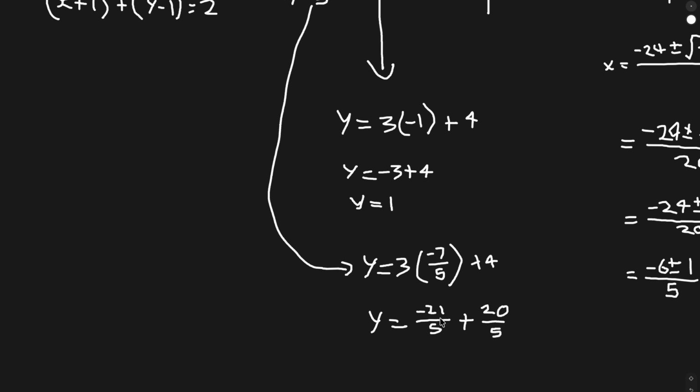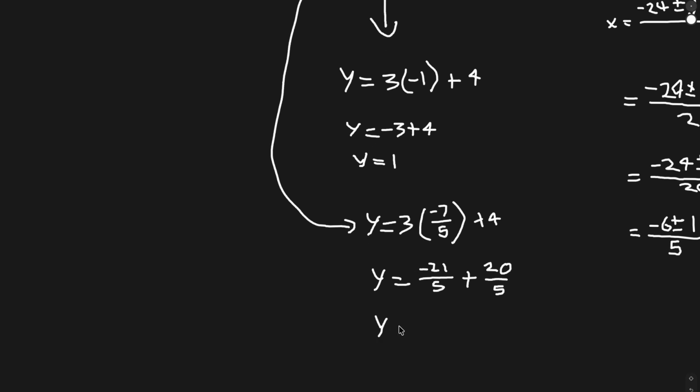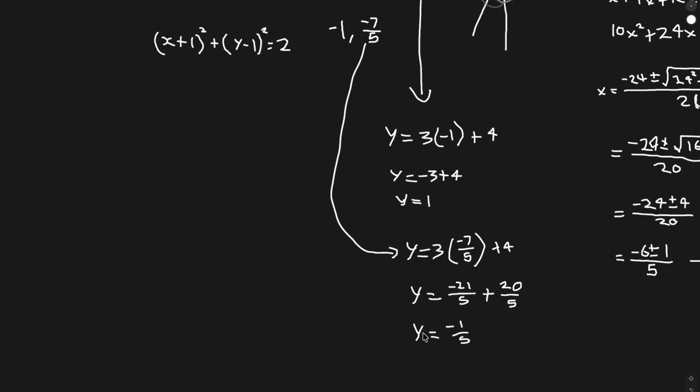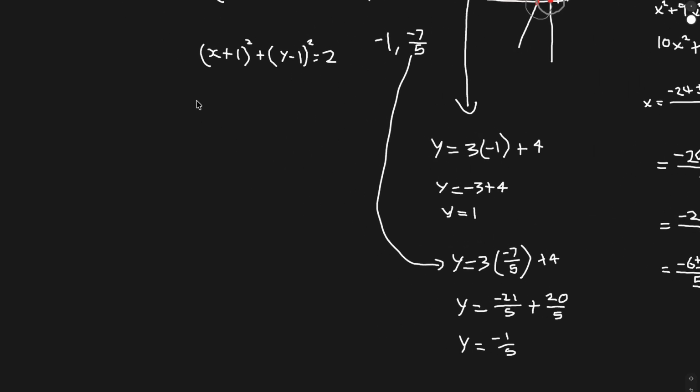Okay, so minus 21 plus 20, so y is equal to negative 1 on 5. So our second one is going to be x plus, it's going to be a plus because it's minus, we got our number minus 7 on 5.